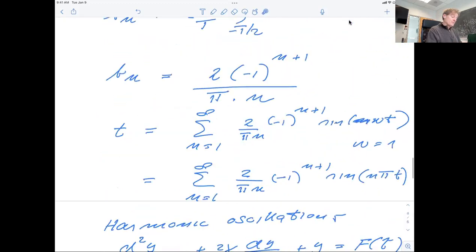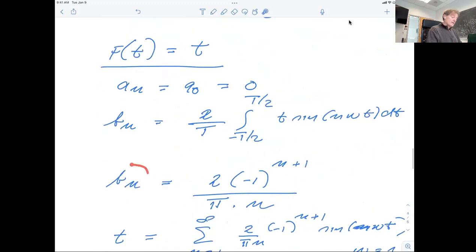If we go back a little bit, we can find the coefficient b of n. In this specific case, since we had an antisymmetric function, it's only the sine part which is involved. If we had a symmetric function, we would most likely end up with a cosine part, and then we would have coefficients a of n and a of 0, which may not be equal to 0.